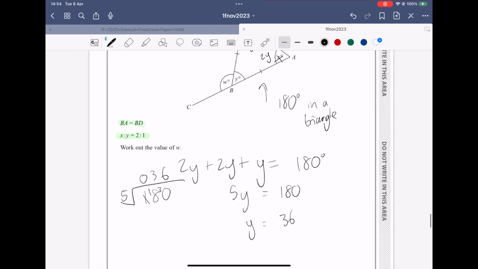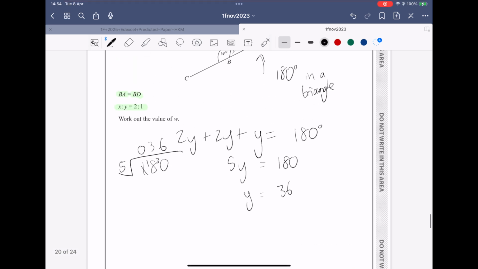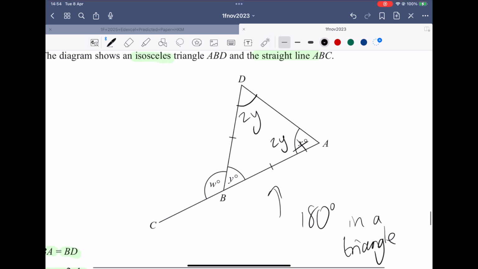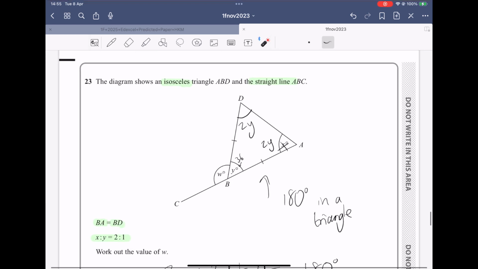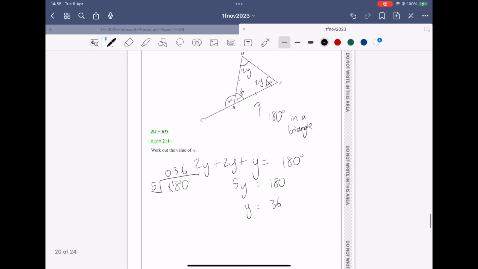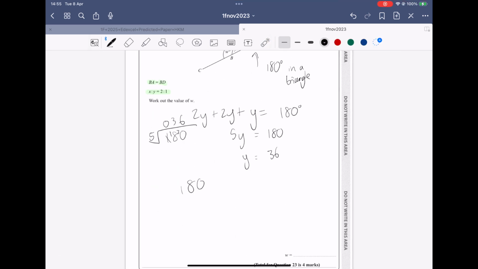Well, that's massive. How many marks? It's 4 marks. This is 36 in here. We've just worked that out. 180 degrees in a straight line. So it's just 180, take away 36. 144.